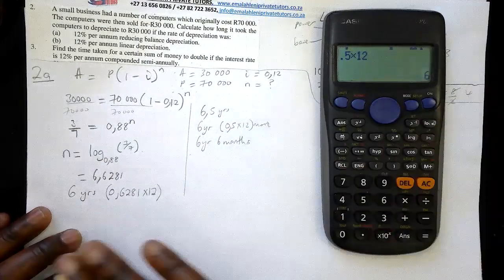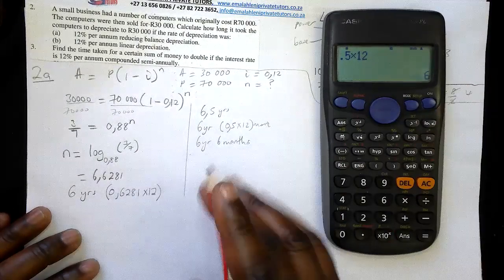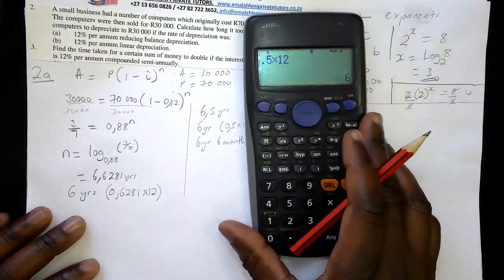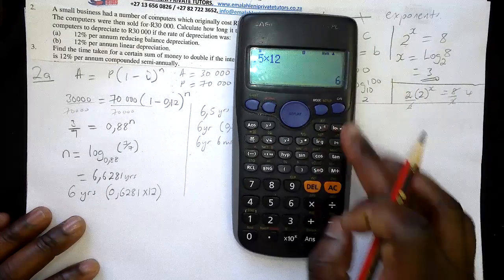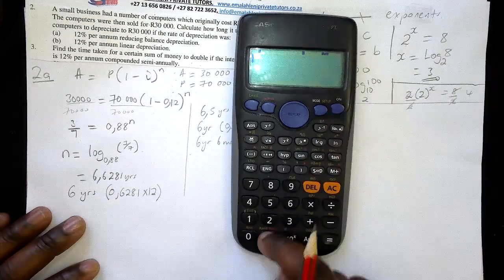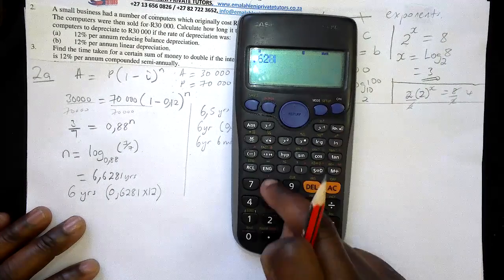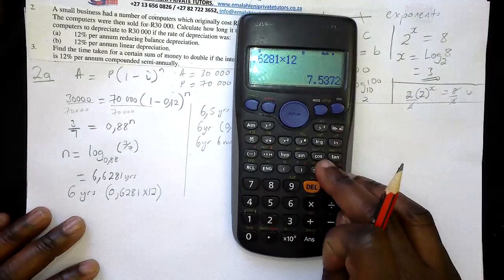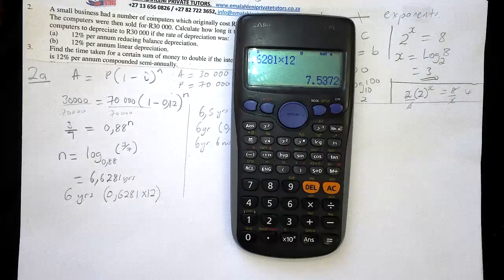When you get 6,7 or 6 point something years, remember you need to express it as years and months. So what are you going to get there? You're going to say 0,6281 times 12. What do we get there? We get 7,5.